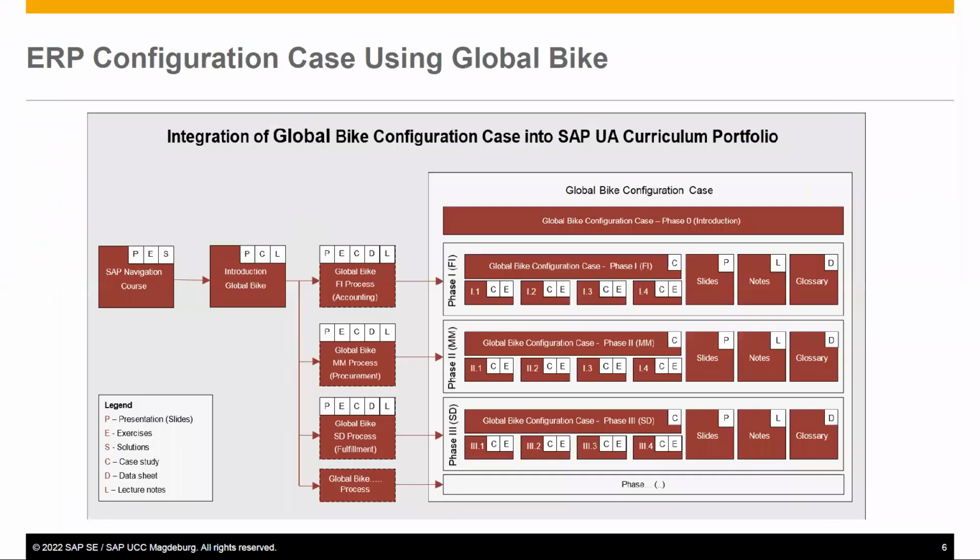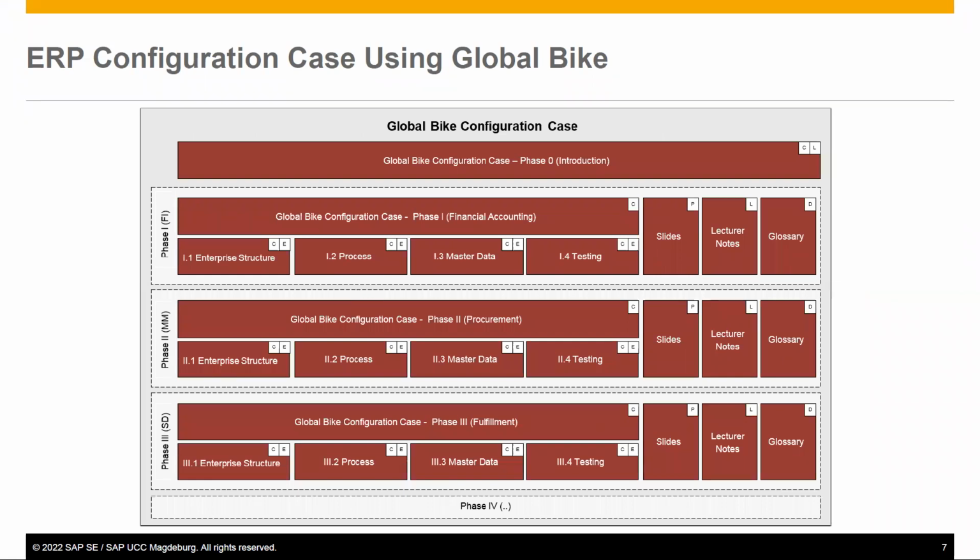So let's see the introduction. Again, same slide. We have the navigation course, the introduction to Global Bike, and then finance, which we'll be implementing. This is the configuration case. So remember always, the first step is we create the enterprise structure.